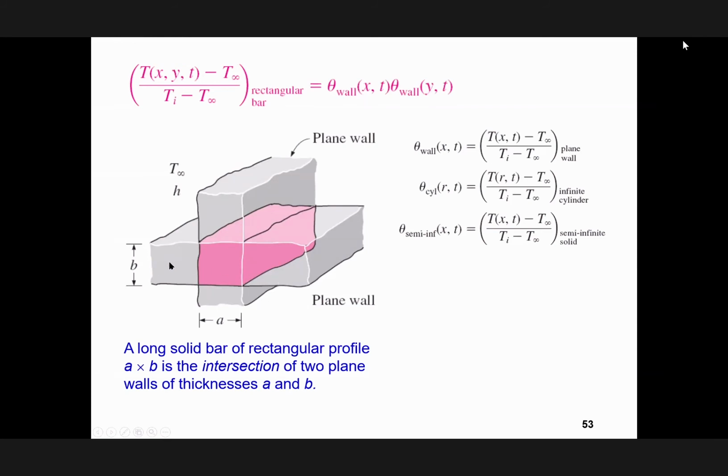First we assume that in this direction it is infinite with thickness B, and then in this direction it is A and infinite. Therefore, this block of ice is the result of the intersection of these two planes. That's why, when we look at this, we are looking at a plane wall.